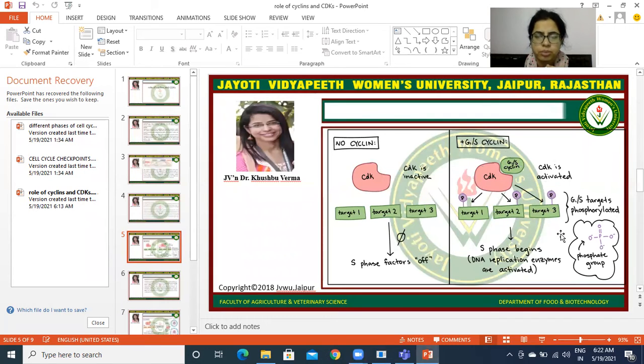It is completely because of CDK activation by G1S cyclin. After the phosphorylation of targets 1, 2, 3, S phase begins, meaning DNA replication enzymes are now activated for the process of DNA replication.